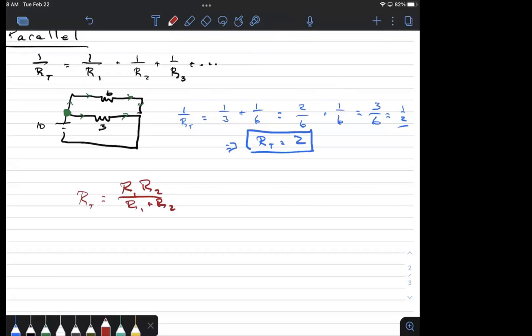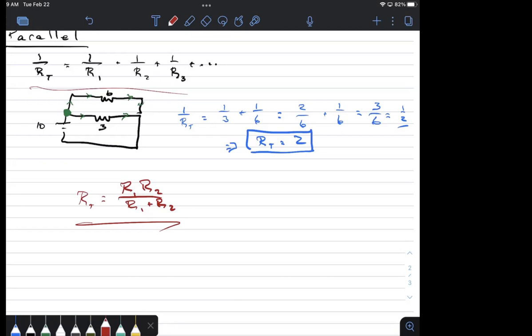Now, this is true, okay? All this is kind of a shortcut way of doing what this says to do. It's just a little equation somebody made, which is a shortcut for adding the inverses. However, I'm going to warn you, even though this is correct, I never use this equation.